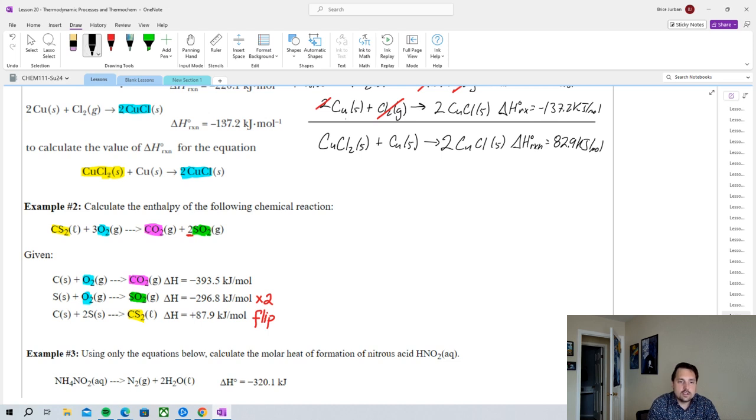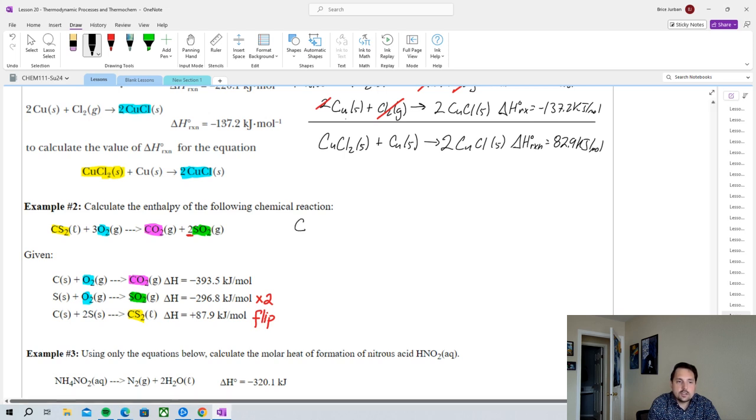Okay, let's write out our new reactions and see if they sum to give us this overall reaction. I'm going to keep the states of matter here because sometimes you'll do one of these problems and it will have different states of matter.